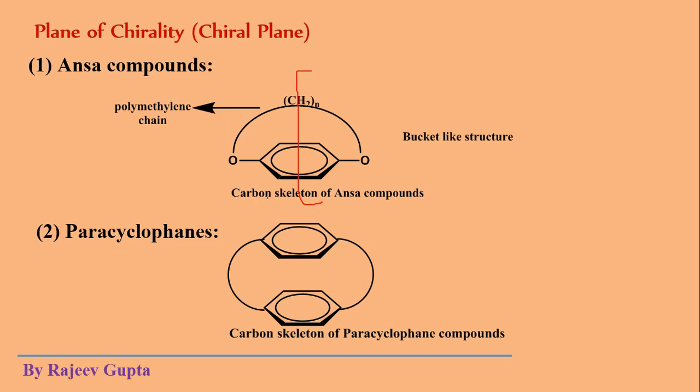Suppose any substitution is present at these 4 positions, then this plane of symmetry will be lost and this molecule becomes chiral. The plane which showed the achiral nature of this compound becomes chiral, due to substitution at the 4 positions of this benzene ring.